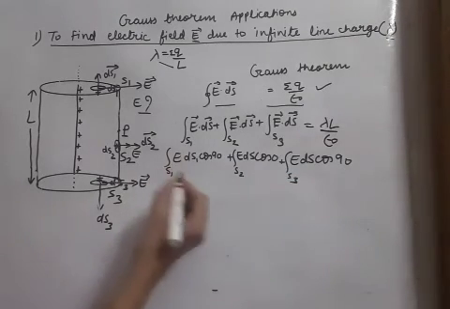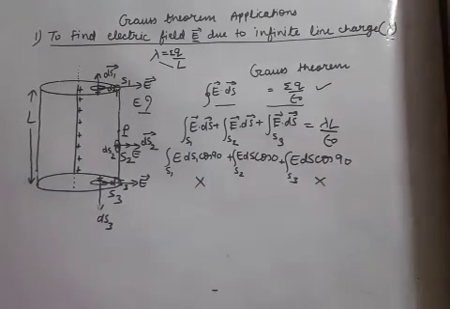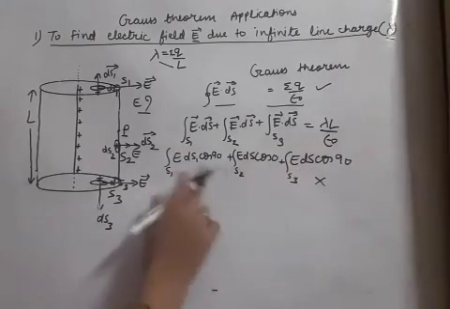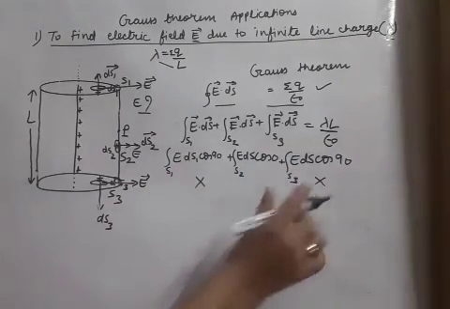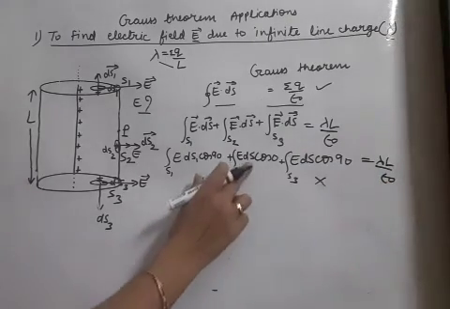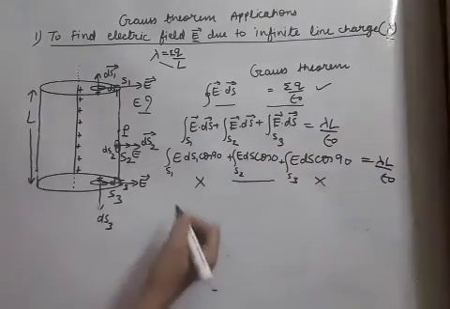So we have solved S1, S2, S3. Now the first integration is becoming 0, the third is also becoming 0. You can tell me the answer. The answer is that because cos 90 is 0, these two integrations will be removed. The right side is the same. So here two integrations are 0, only this one is remaining.